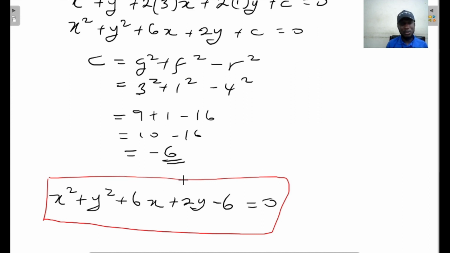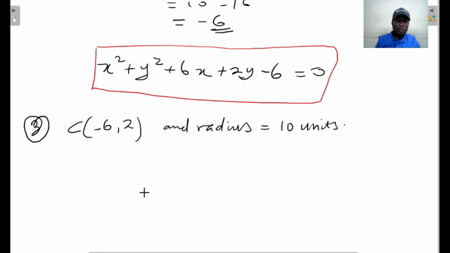So I'll give you one which you will try on your own. You pause the video and try it, then you find the answer. The third one is: you should use the general formula to find the equation of a circle with center coordinate -6, 2 and radius 10 units.